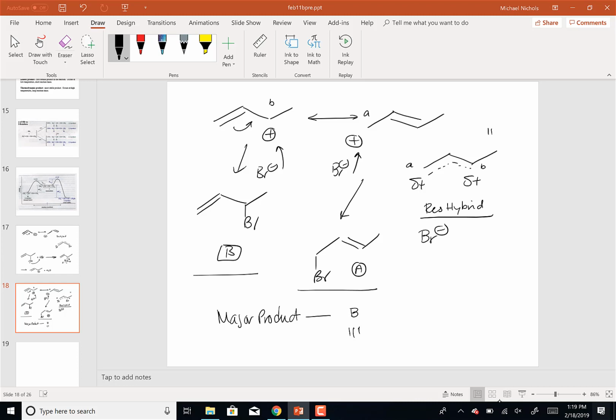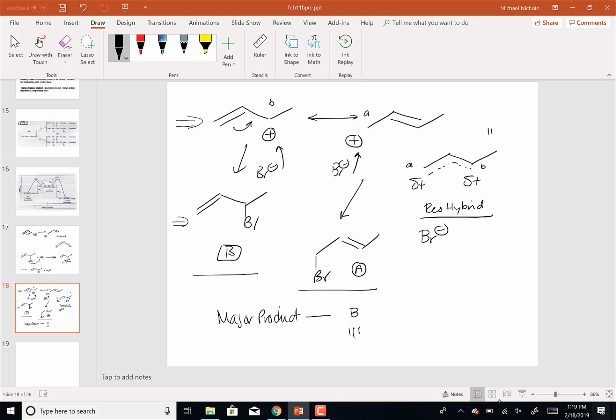So what we have is product B. Well, okay, first we need to establish some ground rules. The ground rules are, when I'm looking at the intermediates, carbocation stability is first, and then double bond stability. When I'm looking at the product, double bond stability. Right? Because I've never established rules about which bromide is more stable, primary, secondary, or tertiary.